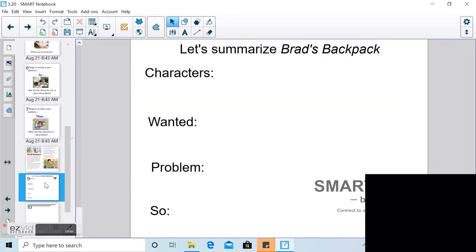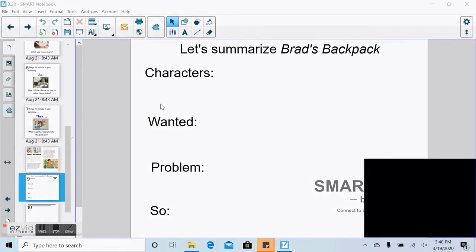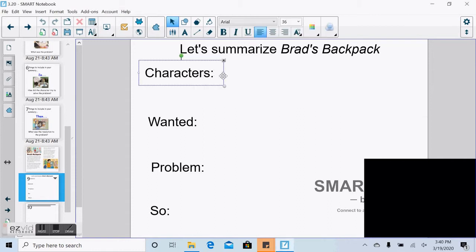We're going to go ahead and look at summarizing Brad's Backpack. So we want to first go ahead and look at the characters in our book. So who were the characters in this story? We had Mr. Lin, Brad, and Nikki.